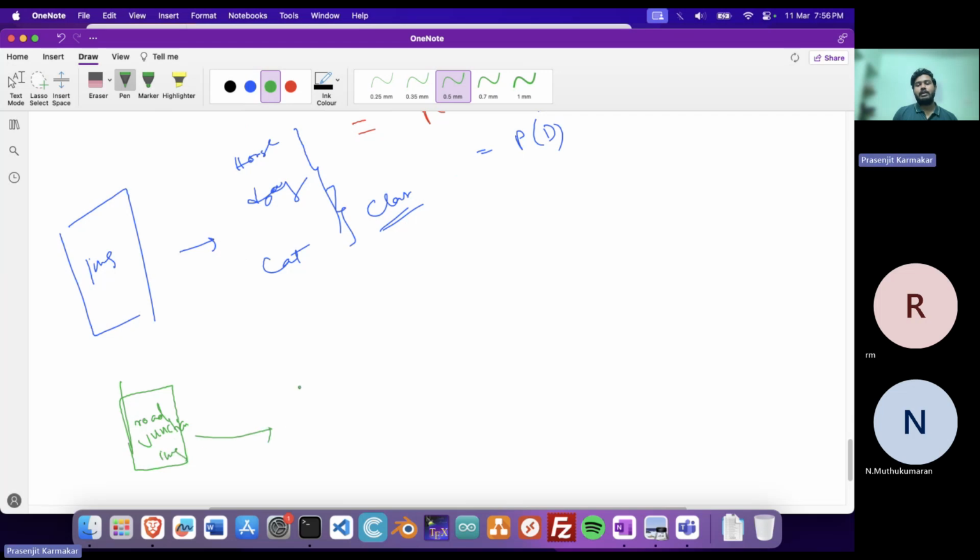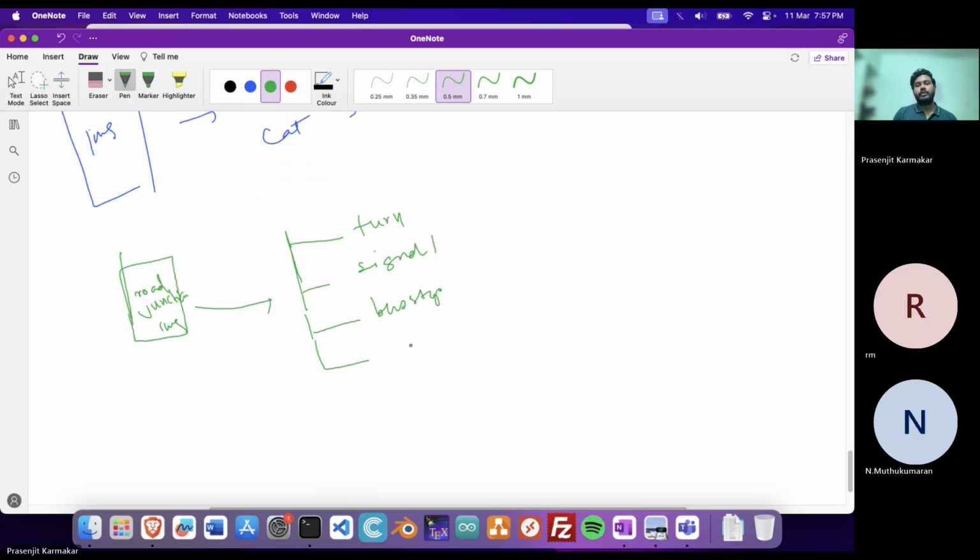It can represent a turn, a signal, and a bus stop together. Let's say there are other two classes also. Let's say another class is whether it's an ad hoc stop.